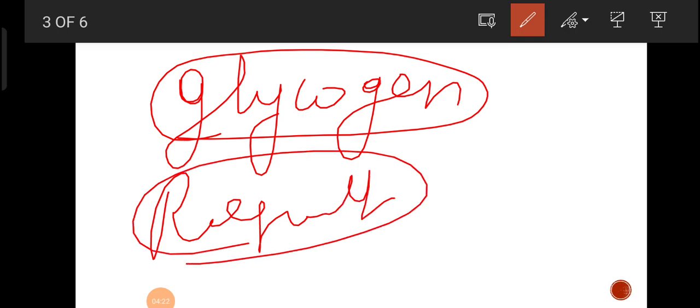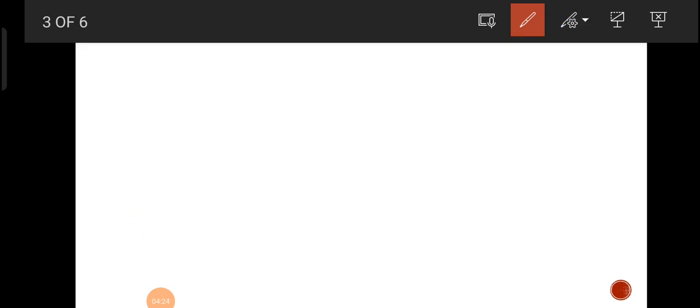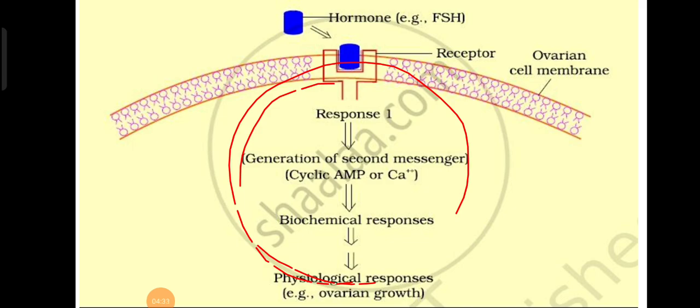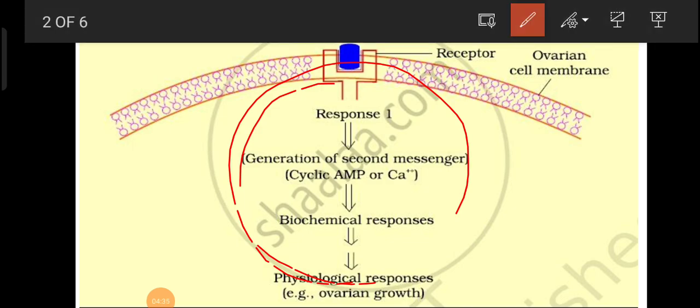Whatever we read and saw in the lecture, this is the mechanism of action of the proteinous in nature hormone. Moving to this diagram, here we can see clearly that there are receptors. This is an FSH-like receptor, which is given in your NCERT endocrinology chapter.